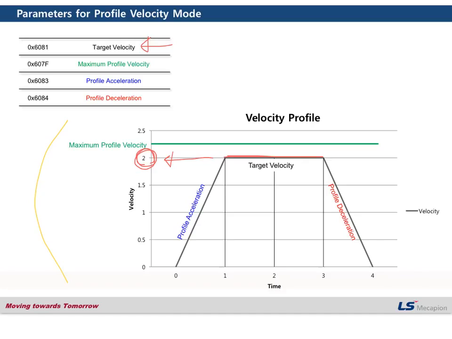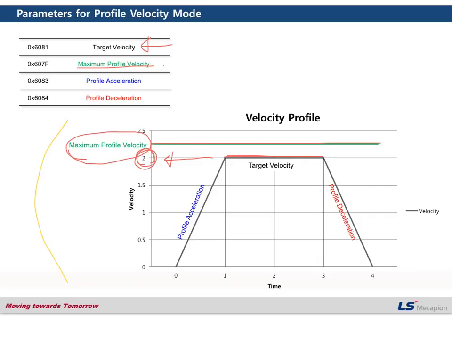And the maximum profile velocity is here. It limits the maximum velocity. If the system has a very high level of acceleration or high level of deceleration, the instantaneous velocity can be very high or very low, more than the target velocity.